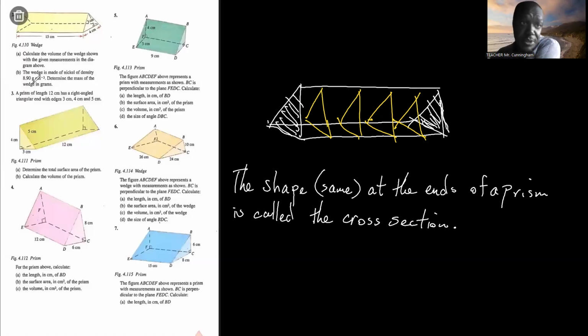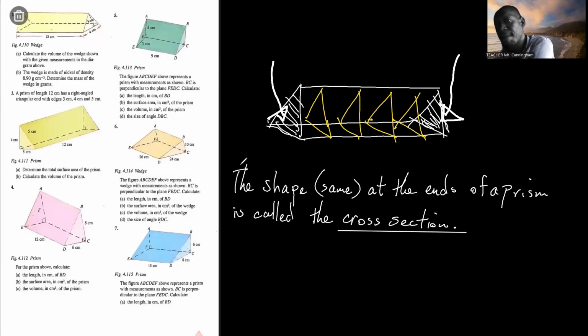I have to underline this. It's called the cross section. So the cross section would be the shape here and the shape here. Same triangle.